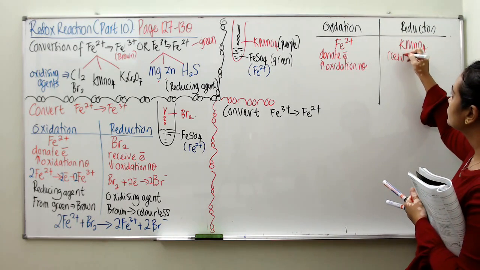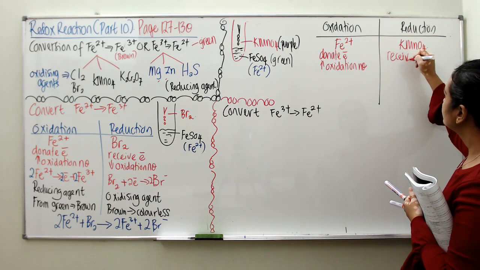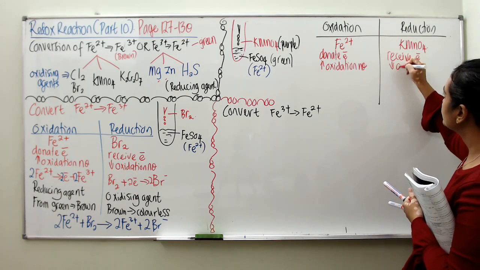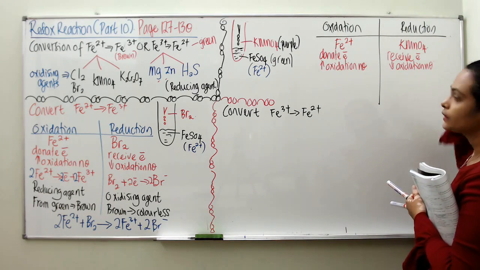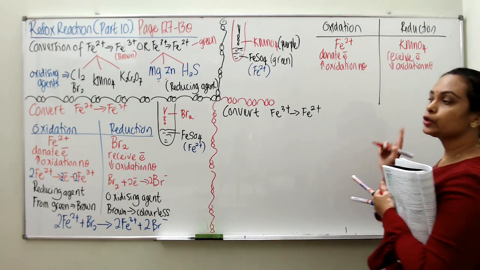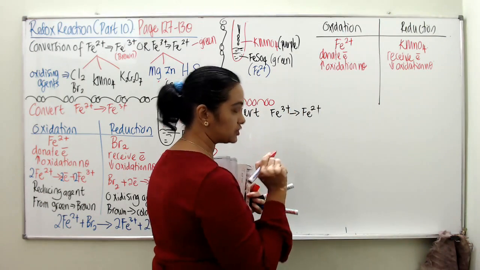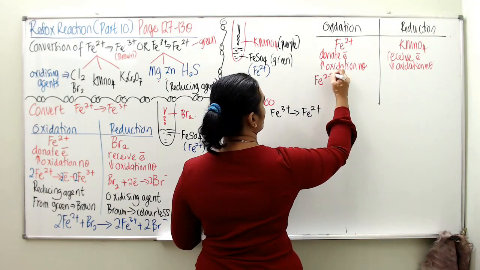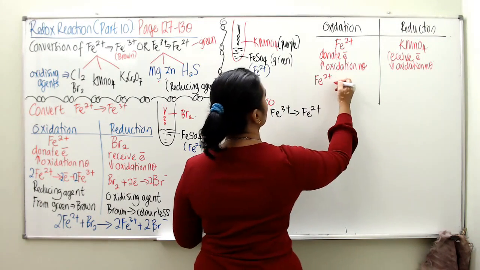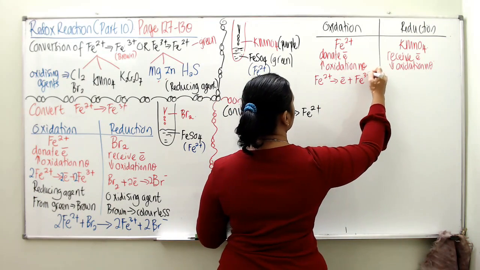Receive electron, reduce oxidation number. And you are going to prove to me. This is where I would like to explain nicely for you all. This one should be no problem for you all, because teacher has explained here: donate electron to become iron 3 ion.